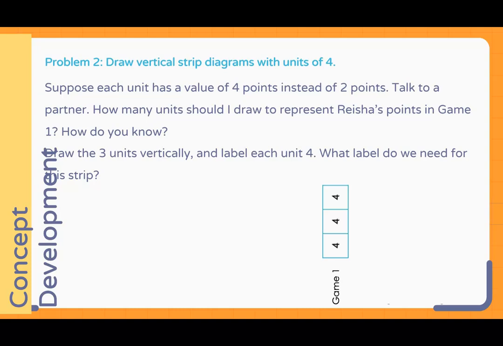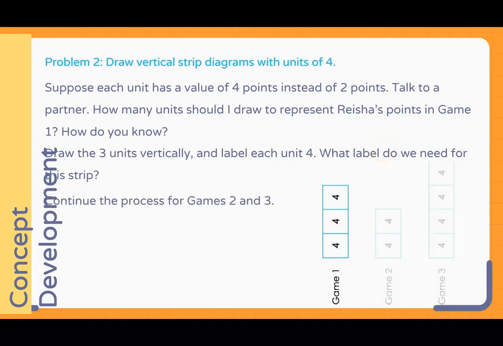This is what game 1 would look like. Why? Because now we're counting by 4s instead of 2s. She scored 12 points in game 1. So now instead of doing 2, 4, 6, 8, 10, 12, we're using 4 now. So it would be less. It would be just 3.